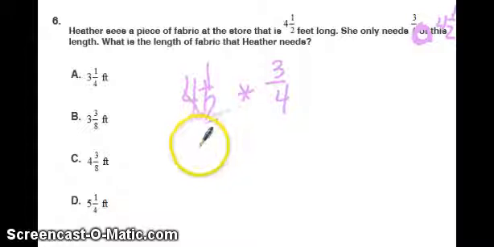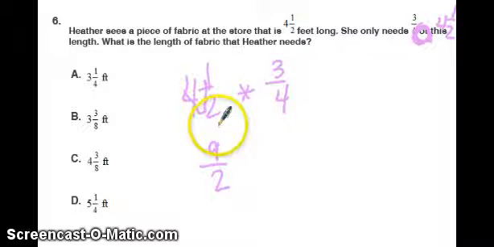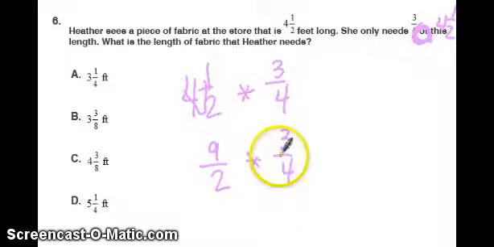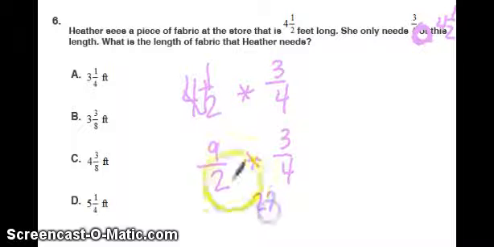If you will look back at one of the very first foldables we did this year, it was on fractions operations. This turns into 9/2. 4 times 2 is 8, plus the 1 is 9. 9/2 times 3/4. Top times top is 27, and bottom times bottom is 8.